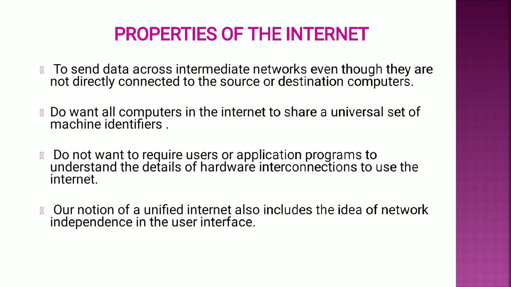We do want to allow users to connect with computers that are not directly connected. We do want to allow users to connect to all others connected to the internet. So these are all the properties of the internet while connecting computers.